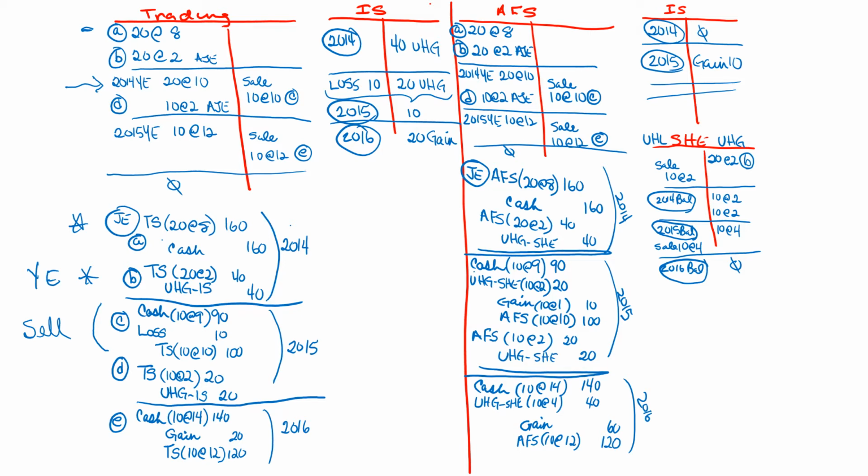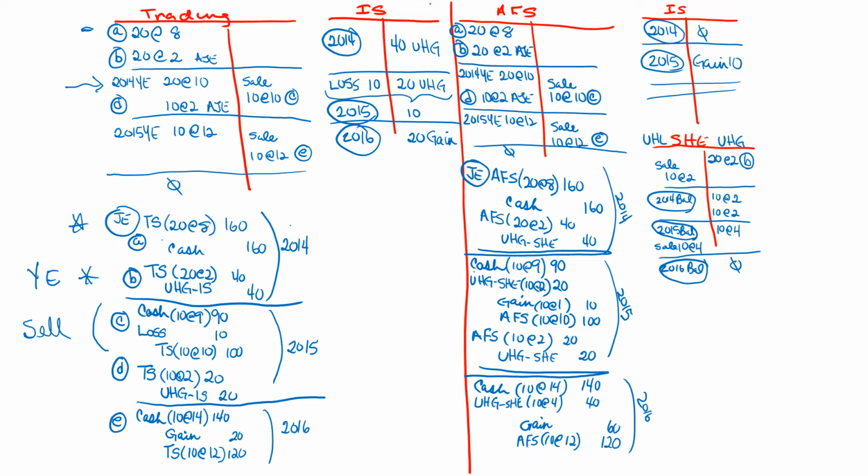What is our basis in our ZZZ stock? It's $10 a share, so we're going to credit trading securities, 10 shares at a basis of $10 a share, or $100. And we have a loss of 10, because that's the difference between what we sold it for and the fair value at the end of the previous year.